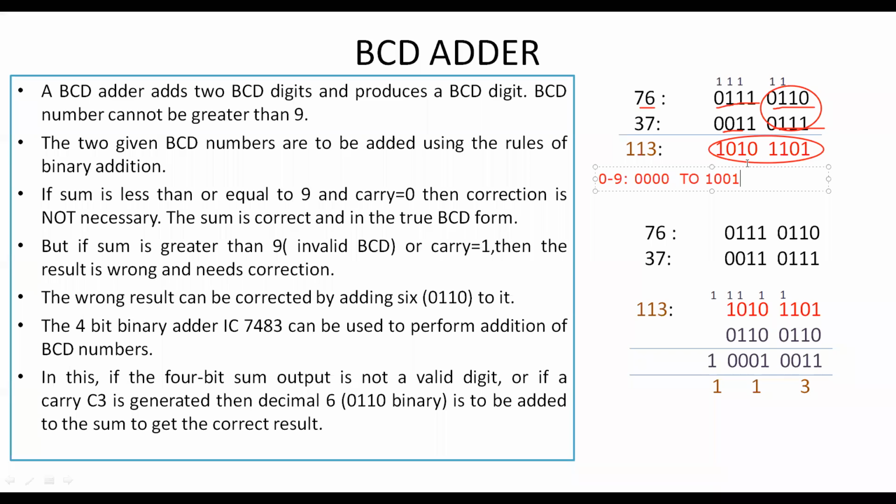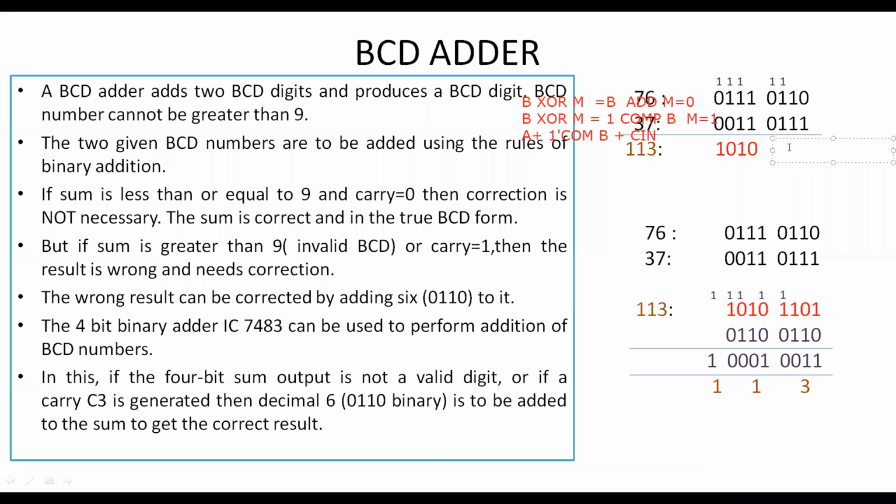Now we need to make the correction of this circuit. Check how we make the correction. By observing these 4 bits, here 1101 is greater than 9, and 1010 is greater than 9.